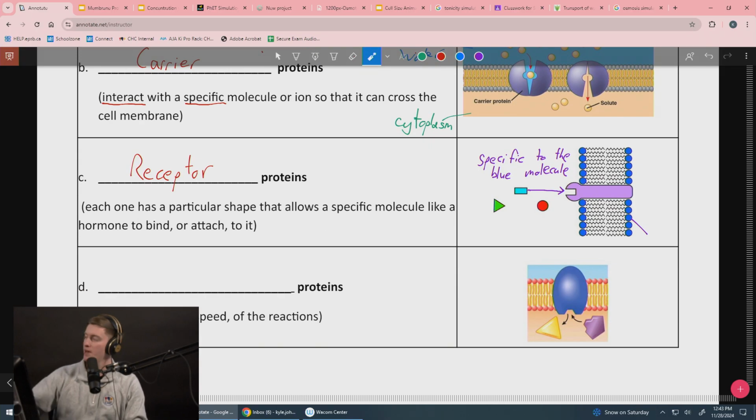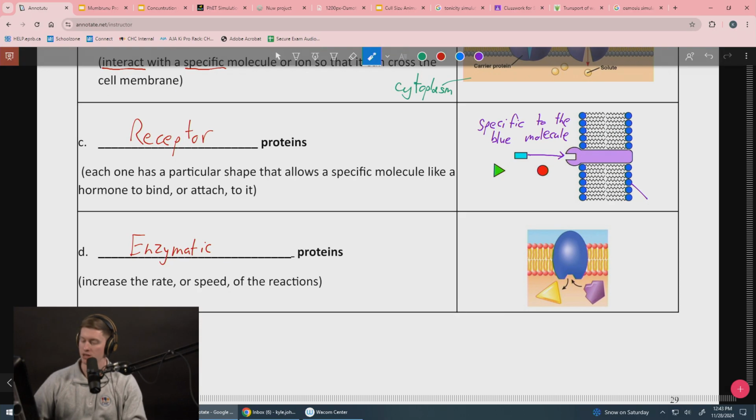And finally, we have enzymatic proteins. These are going to facilitate chemical reactions. What this is trying to show you is that we have some molecule, this substrate, that binds with the enzyme, and then a reaction occurs and it's transformed into a different molecule.